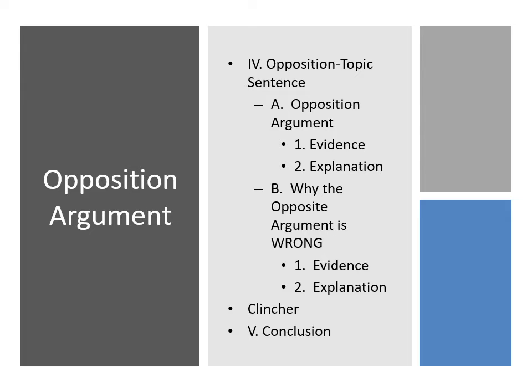Now, it's important here that you not straw man your opponent. To straw man somebody means that you set up a fake argument that's easy to counter in order to make them look stupid. That's a logical fallacy. You see that all the time in YouTube videos where people are trying to debunk other people's videos.